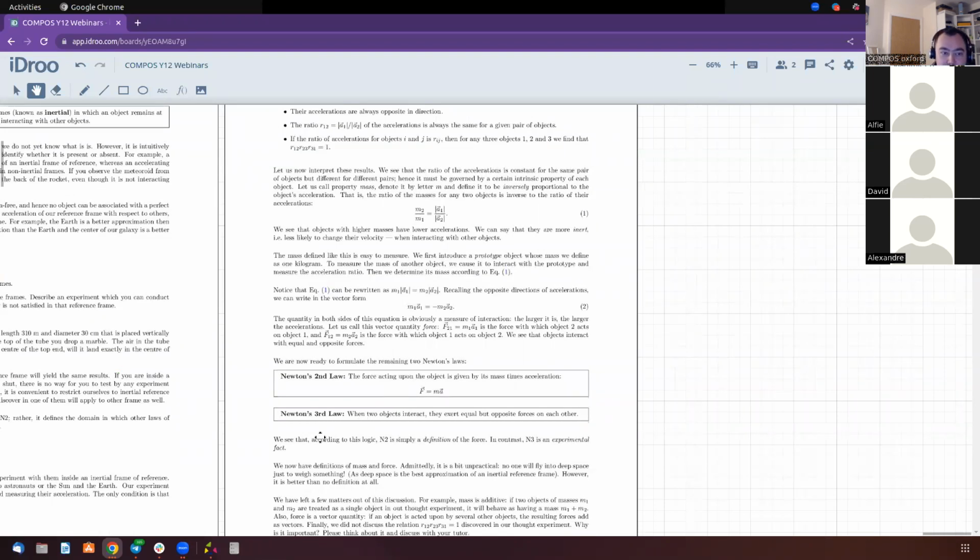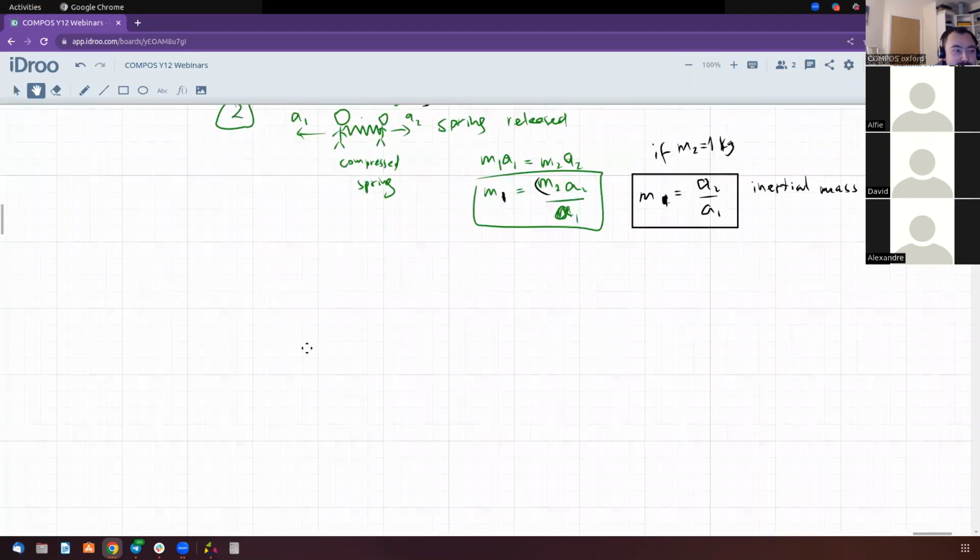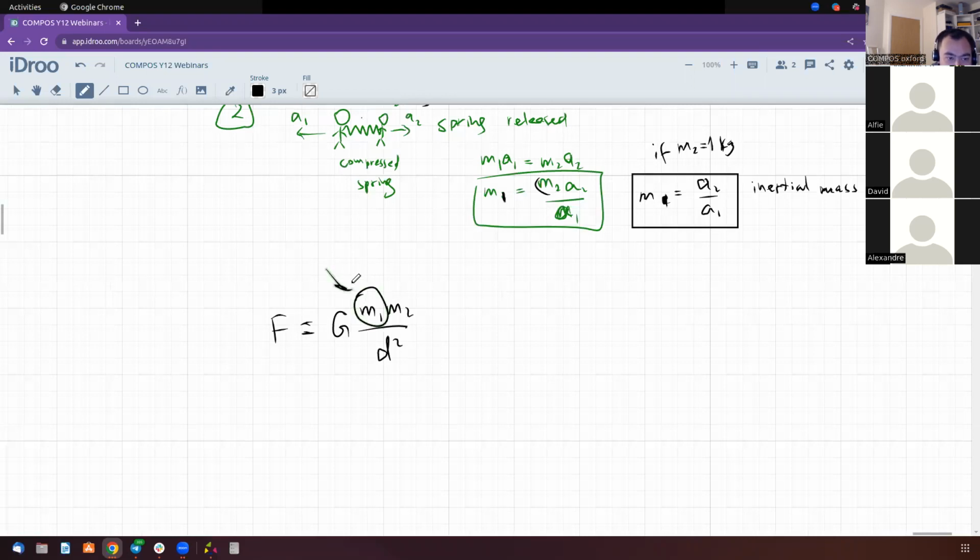Well, yes, they're defined differently, because the gravitational force is equal to G M1 M2 divided by D squared. This is the mass that creates a field around itself.